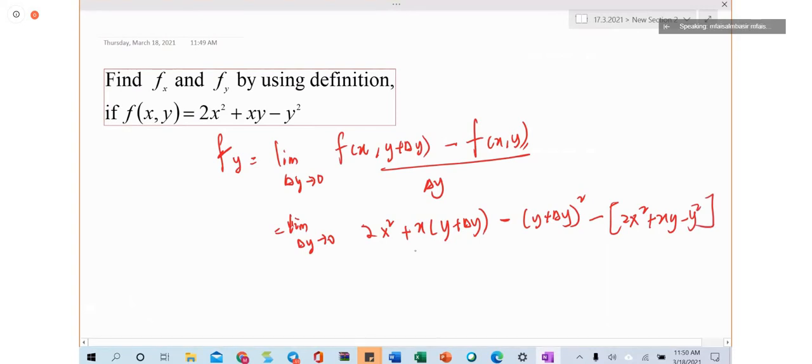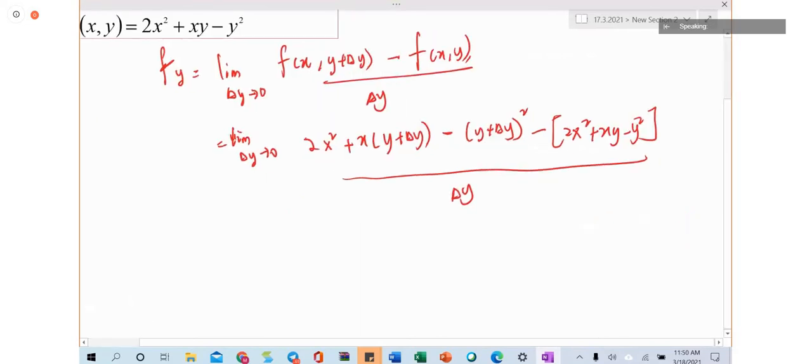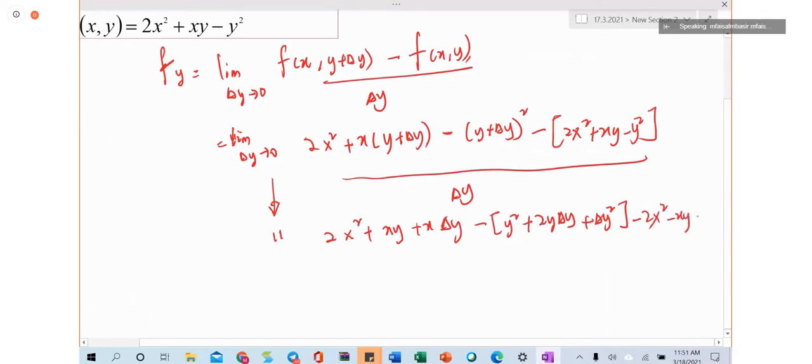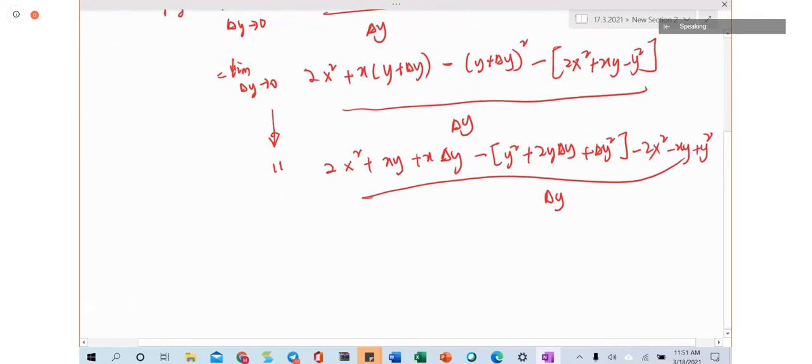Don't forget the bracket. If not, you will get a wrong answer. To expand this, you have to copy this. Don't forget to copy.